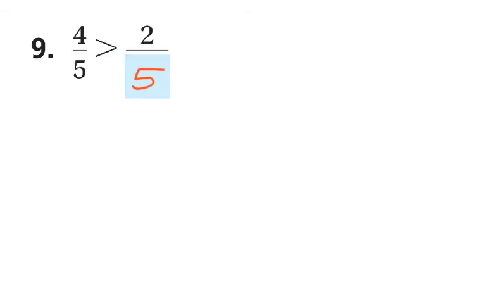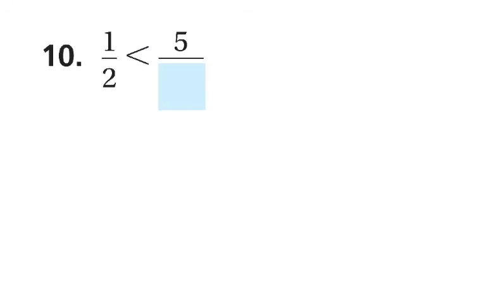Alright, let's look at another one. 1/2 is less than 5 something. Okay, now thinking about what I know, I'm thinking about 1/2 and 5 something, like 5/10. 1/2 and 5/10 are the same thing.